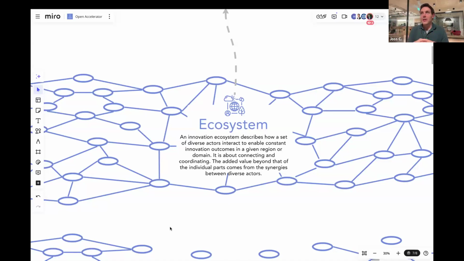So an ecosystem could be often location and theme based.